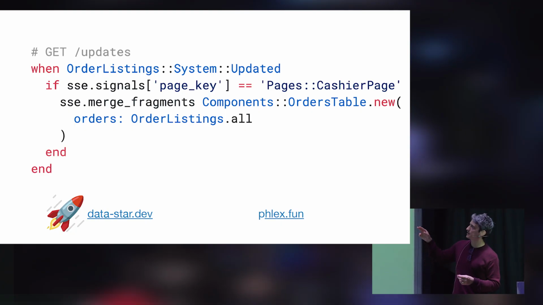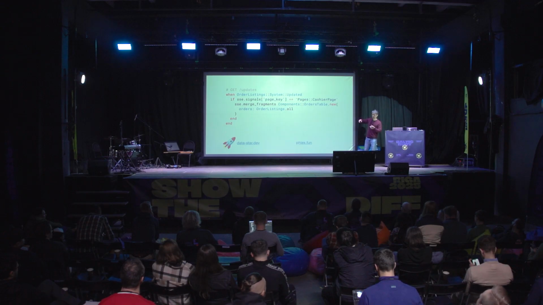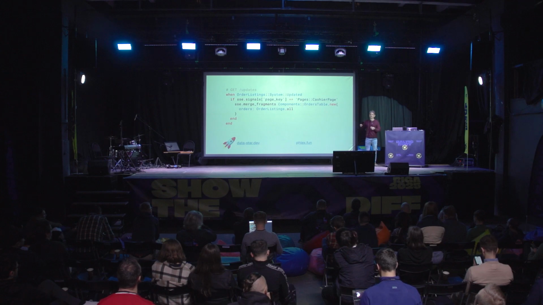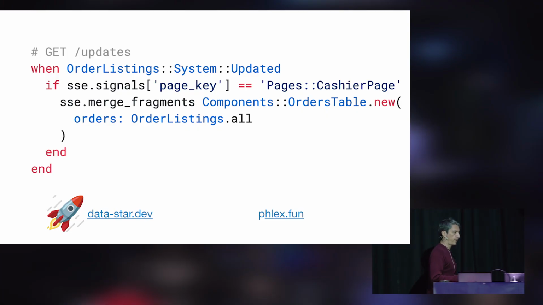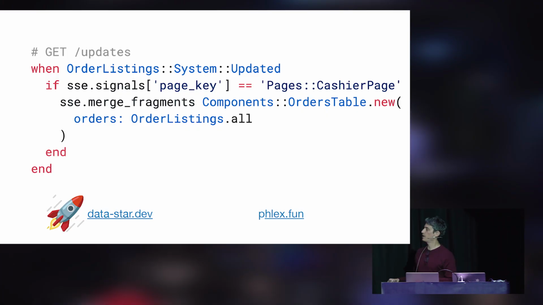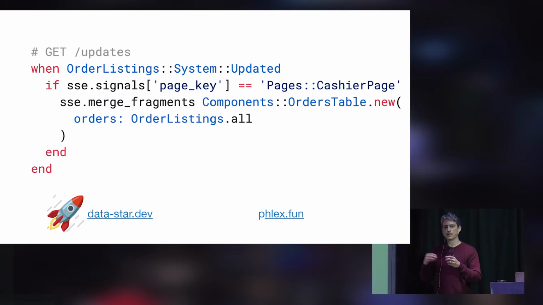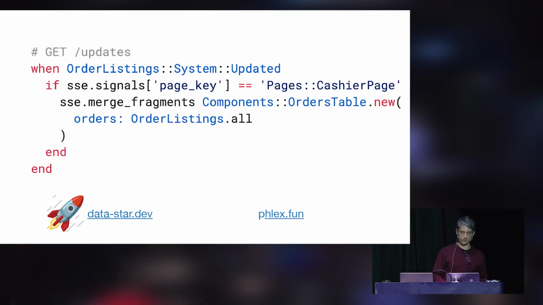So when a projector is updated, this open connection listens to those events, and if it's looking at the right page that cares about that event, it just renders some component with data and sends that HTML down the wire back to the browser. And in the browser, I'm using Datastar, which is a tiny bit of JavaScript that's listening on that connection, taking those HTML fragments as they come from the backend, and merging them into the DOM really seamlessly. So there are no page refreshes or anything like that.